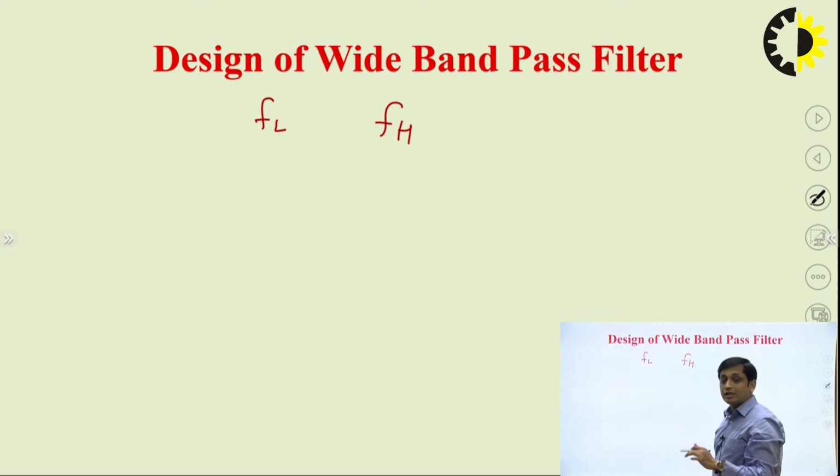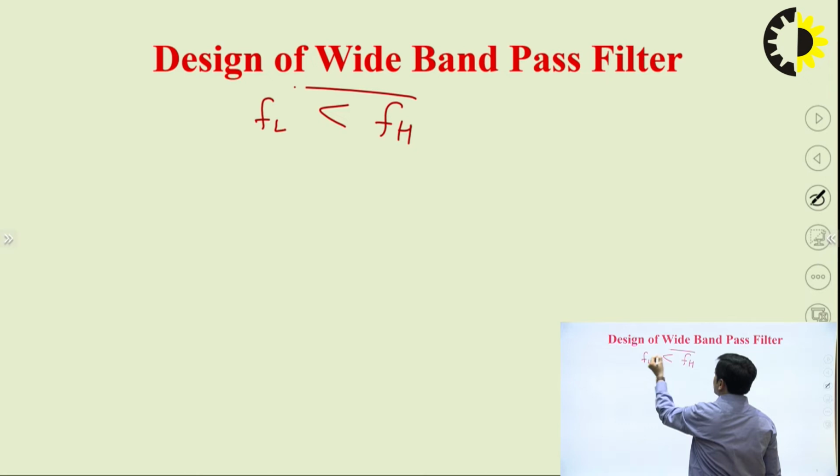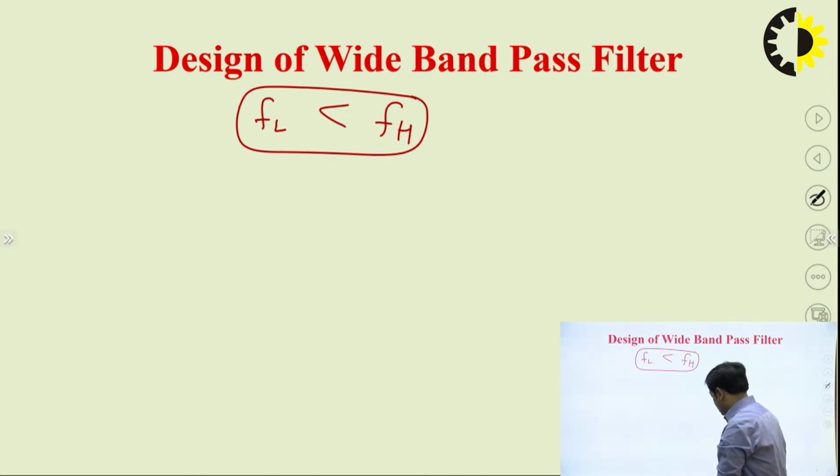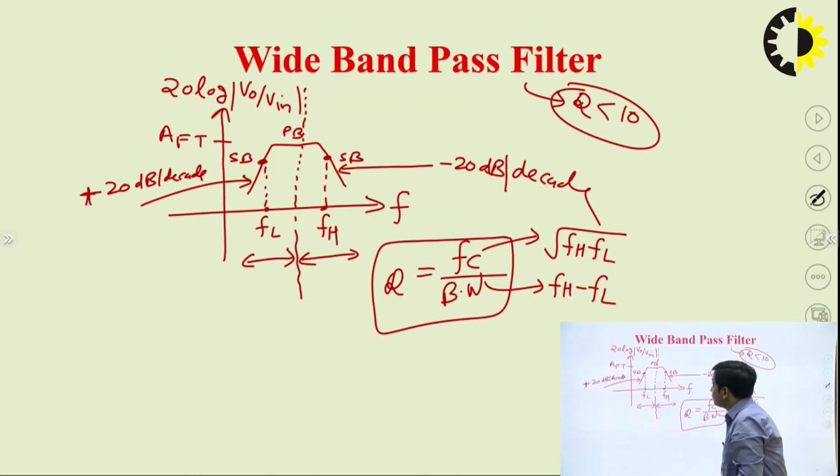And it is mandatory for wide band pass filter that FH should be greater than FL. It is very much clear from the graph. You can see this frequency response. For wide band pass filter, FH will always be greater than FL.